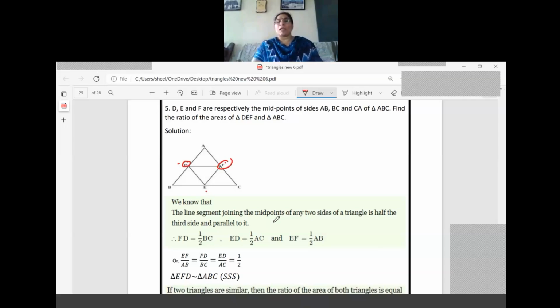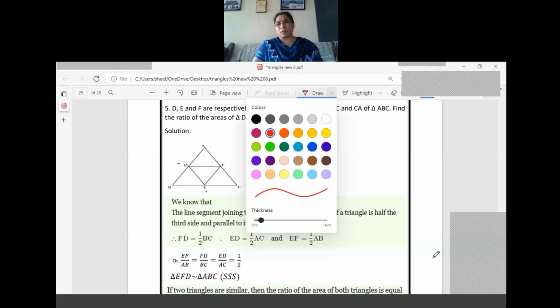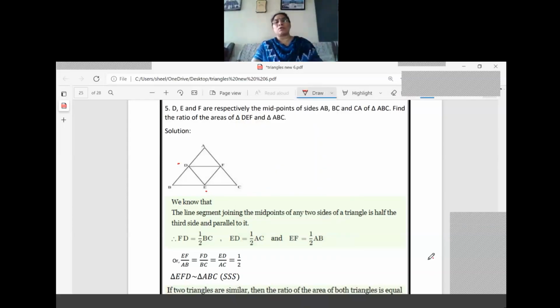The midpoint theorem says the line segment joining the midpoints of any two sides of a triangle is parallel to the third side and half of that one. If D and F are midpoints, the line segment DF is parallel to BC, and moreover DF equals half of BC.